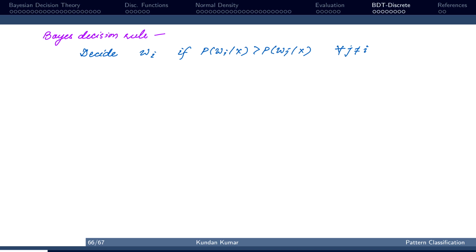Now suppose we observe a feature vector x and action alpha i is taken. So now we are introducing the action.